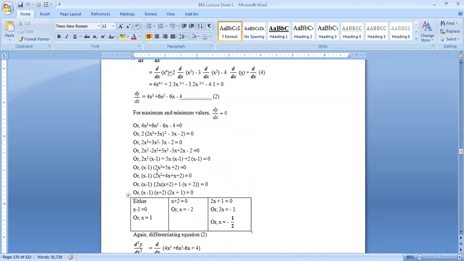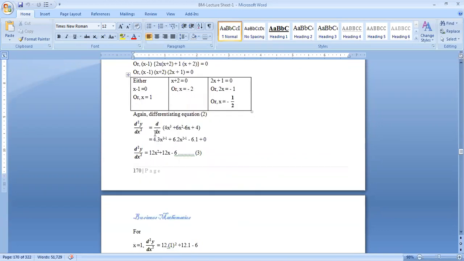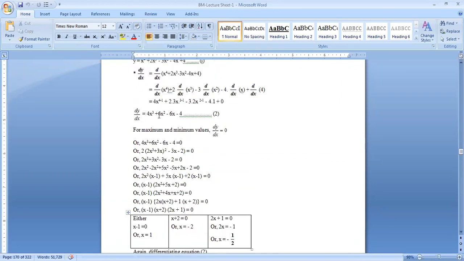Now we have to differentiate equation 2 again. That means we have to find the second derivative, taking d/dx on both sides: d square y/dx square equals d/dx of 4x cube plus 6x square minus 6x minus 4.